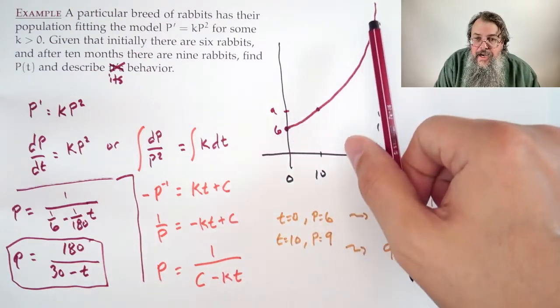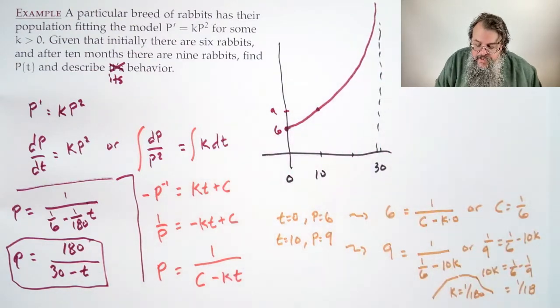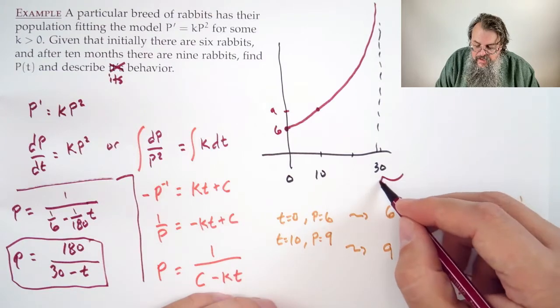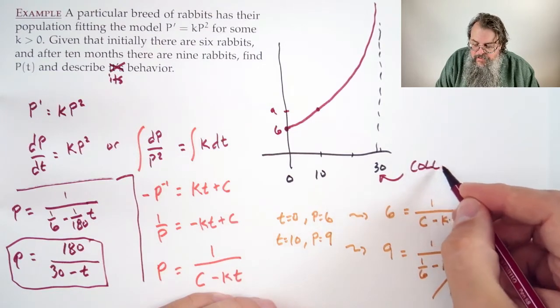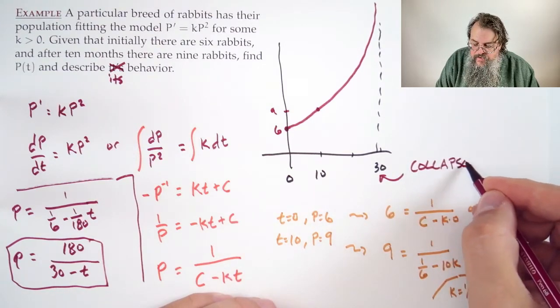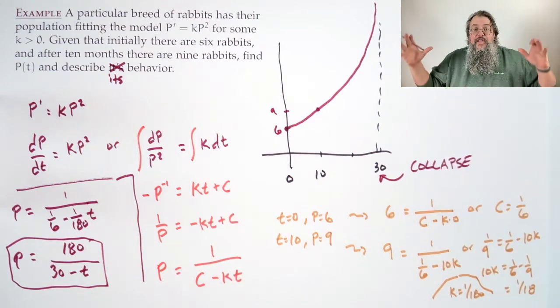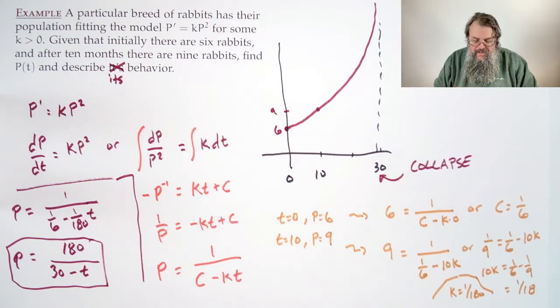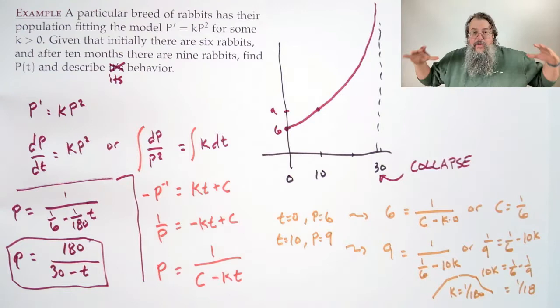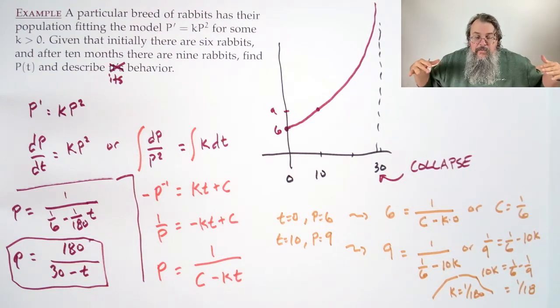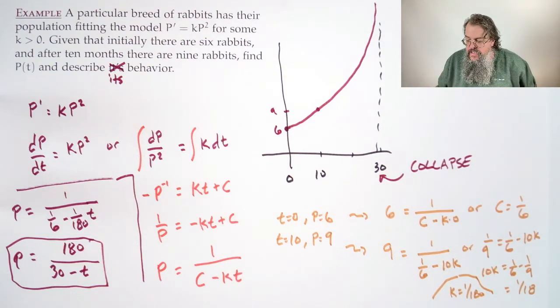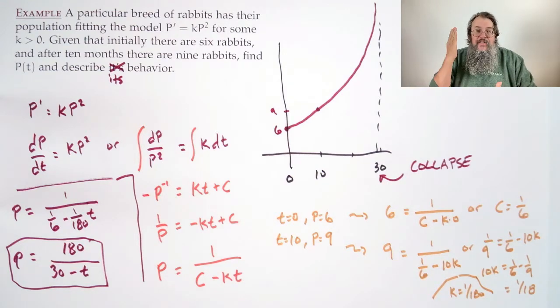You see, like, if it's going to go up here, this means that you have too many rabbits. It's going to take all the resources, and then there's going to be a complete collapse. So when you have something going up, and just all of a sudden there's a big explosion, an asymptote, it's going to lead to a collapse. And so that says at 30, that's it for the rabbits.